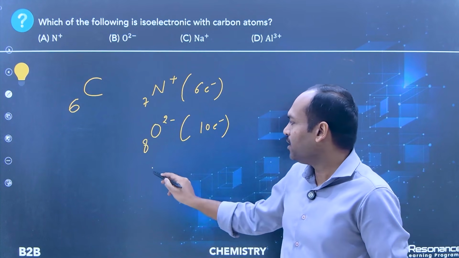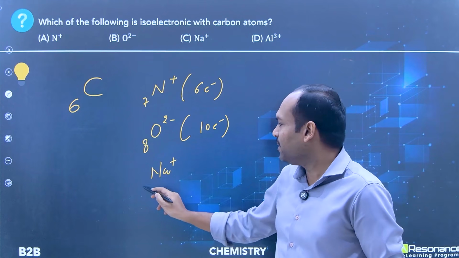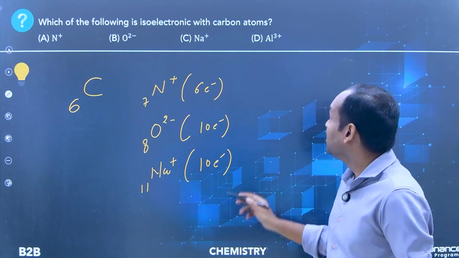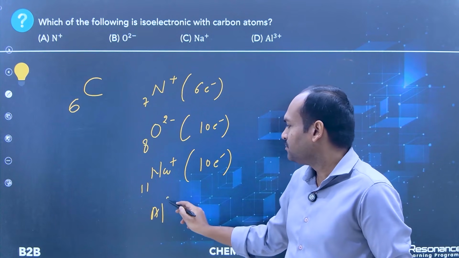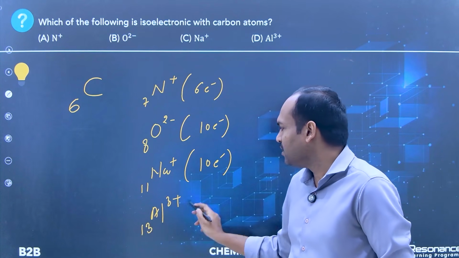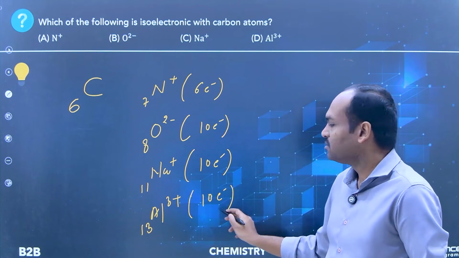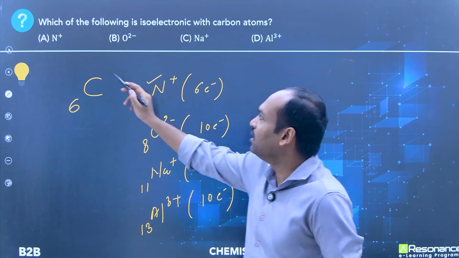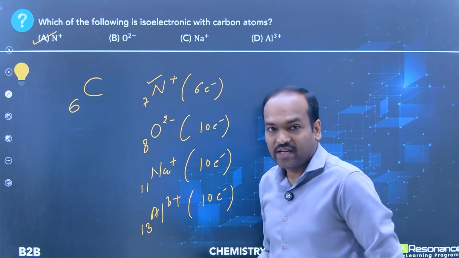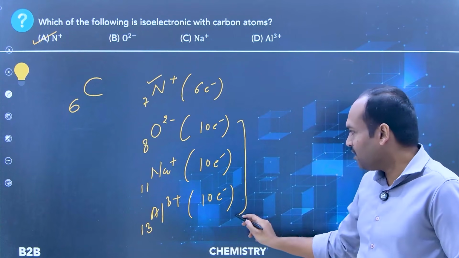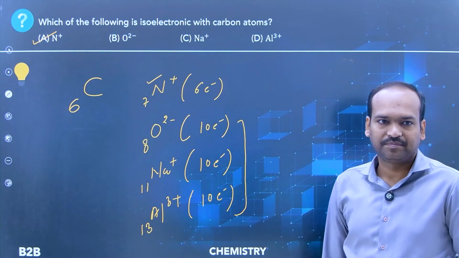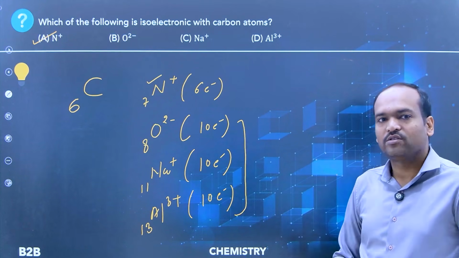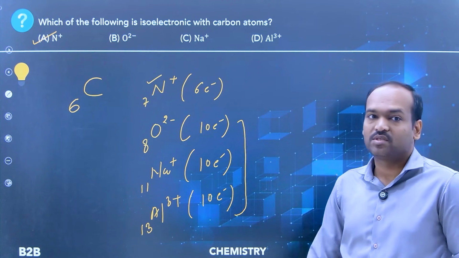Sodium plus, sodium atomic number 11, so we'll get 10 electrons. Aluminium 3 plus, atomic number of aluminium is 13, again 10 electrons. So the isoelectronic one for carbon is nitrogen plus, only A option. Can I say that oxygen, sodium, aluminium ions are also isoelectronic to each other, but with 10 electrons?